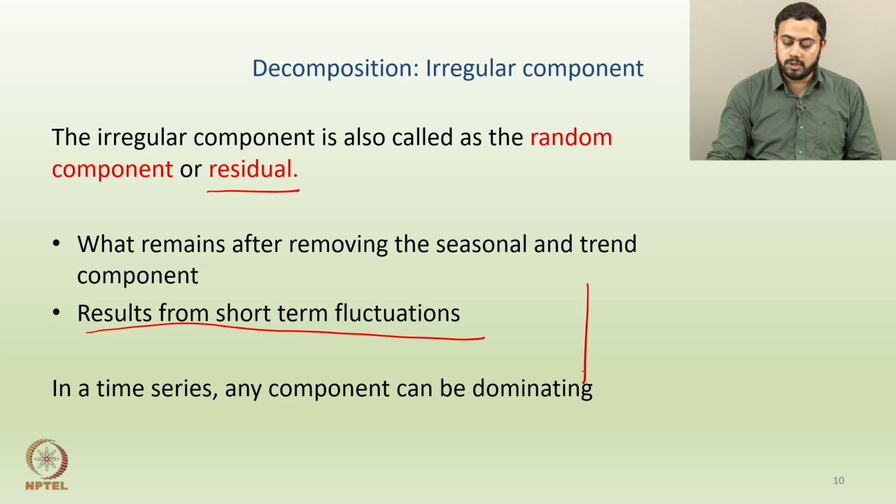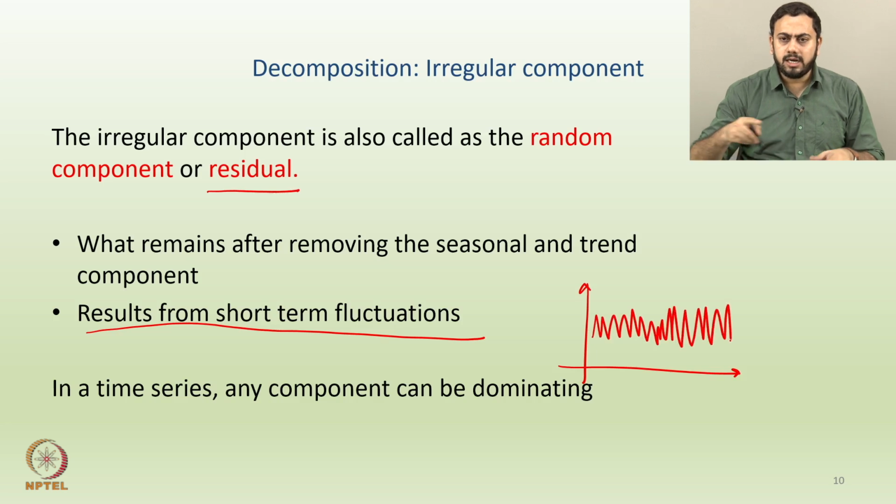So again, just to give you the same example, this is the example of the random component which looks like that. Okay. So one can observe random fluctuations. The peaks are not of the same height, the troughs are not of the same depth, and the difference between the peaks and the troughs are completely random.